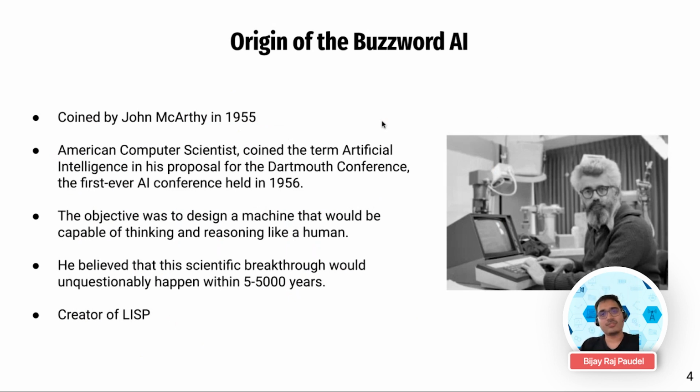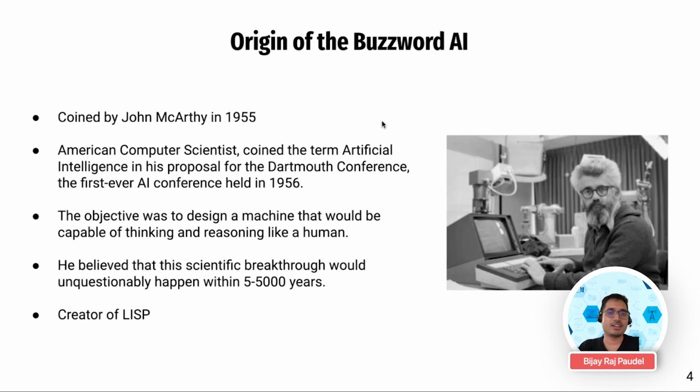Okay, so first, I like to start everything with a history. So where did this word artificial intelligence, AI, come from? This was first coined in 1955, in a proposal to start a new conference at Dartmouth University.